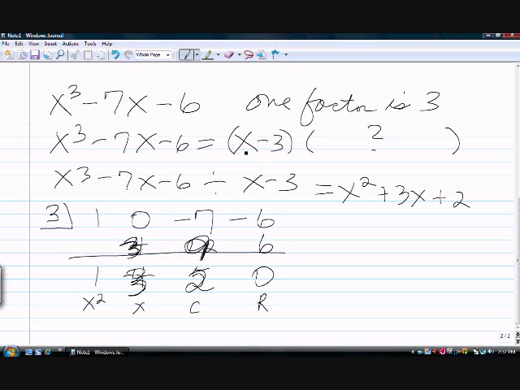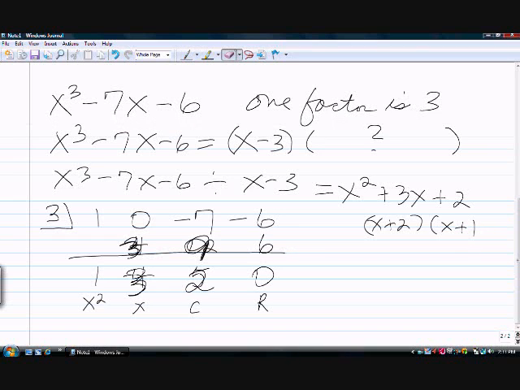So I already had one factor, x minus 3. And I can factor x squared plus 3x plus 2. That's my basic trinomial factoring. That's x plus 2 times x plus 1.